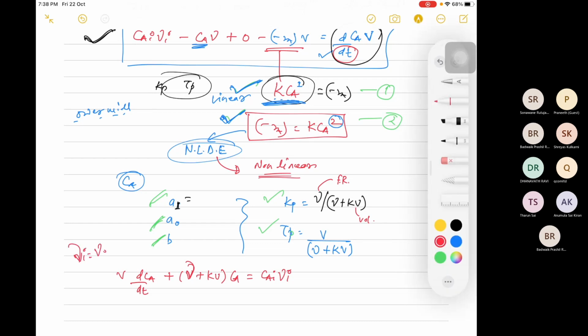Input flow rate is equal to output flow rate is equal to nu. So this is your V, this is nu and this is also nu.